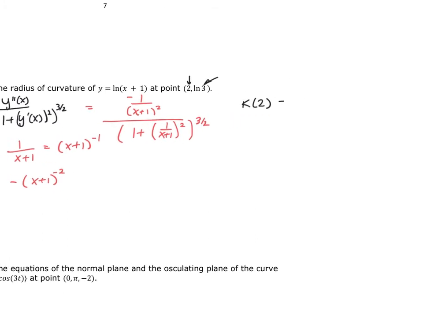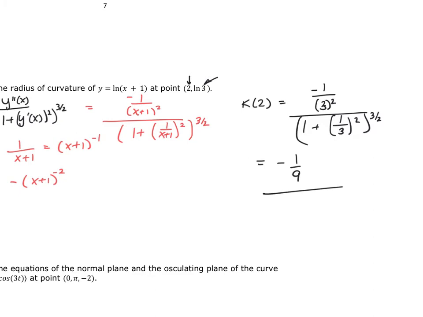So I'm going to put 2 in, and so I'm going to have negative 1 over 2 plus 1, so it's going to be 3 squared. And then in the denominator, I'm going to have 1 plus 1 over 2 plus 1, so it's 3 squared again, raised to the 3 over 2. So this is going to equal negative 1 over 9.